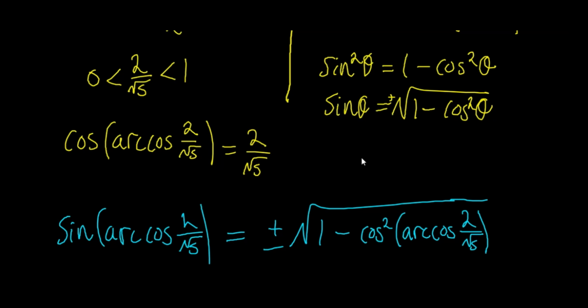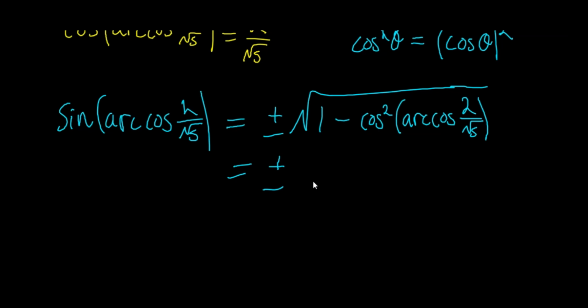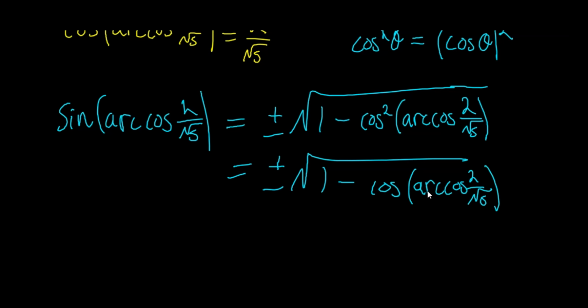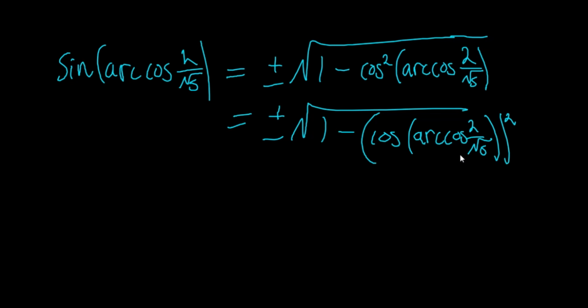Now, by the way, writing cosine squared of theta is just a shorthand way of writing cosine of theta quantity squared. So this is equal to plus or minus the square root of 1 minus cosine of arc cosine of 2 over the square root of 5, quantity squared. But we know the cosine of the arc cosine of 2 over the square root of 5. That's just 2 over the square root of 5.